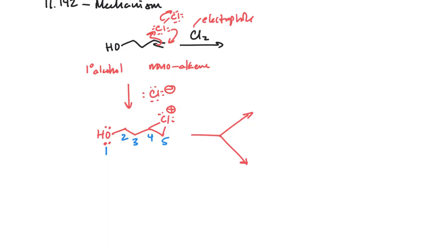So which path do you think would be most preferred? The oxygen at position 1 attacking which carbon atom? Four? Someone said 4. So let's just draw that product out.